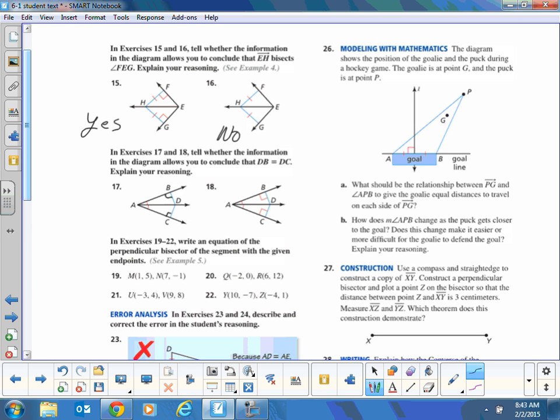We don't know what angle they are, so we can't assume they're 90. So no. If I exaggerate, one could be this and one could be this, and you can see those are two totally different lengths. So if they don't hit a 90-degree angle, we don't know how long they are. 18, yes, because you just said it.